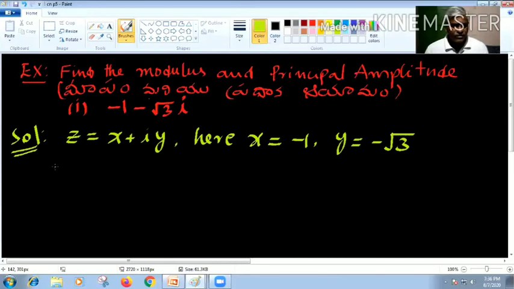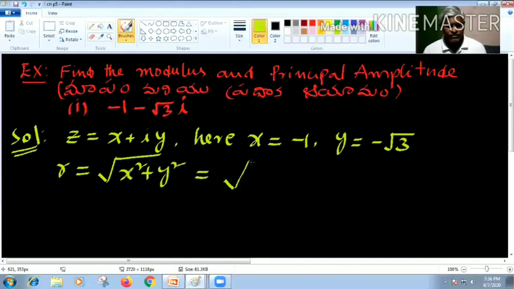Let us find the modulus. Modulus is nothing but r, and sometimes we call it mod z or r. So now let us consider it as r. R is nothing but under root x square plus y square, that is equal to, here x value is -1 and y is minus root 3.